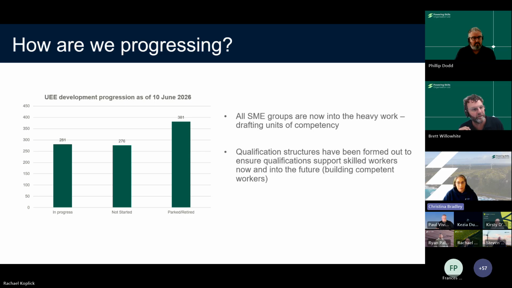Over the next couple of months, we will be releasing more qualifications, units of competency and skill sets as we go along. All of our SME groups and technical committees are now into a heavy workload of drafting units of competency, which is really exciting for you all.